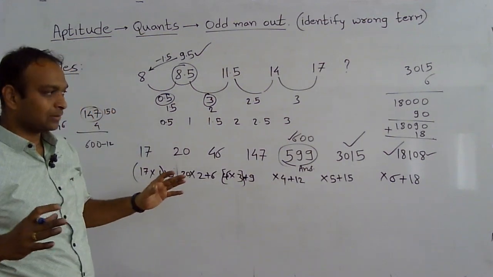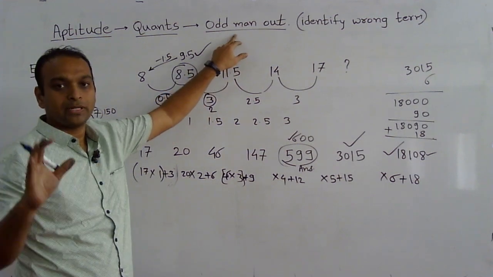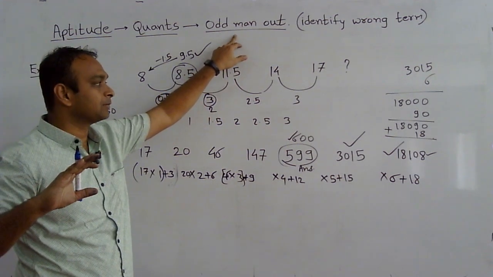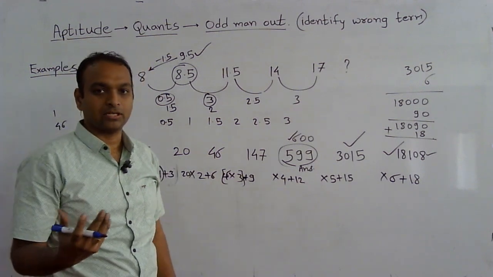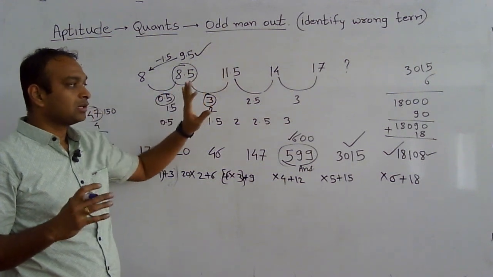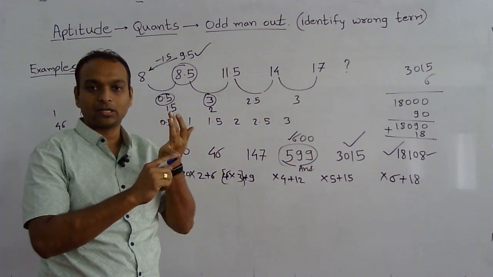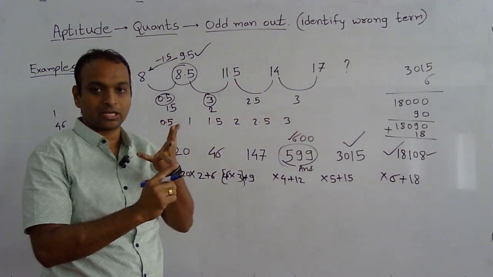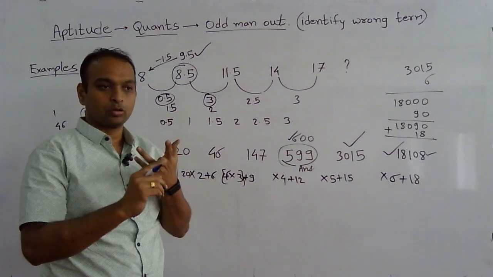But if you go step by step and if you practice a lot on this topic, I'm sure you will be able to solve this very easily. So at the end, from my side, the strategy and golden tip for solving these kinds of problems will be: go with the strategy of number series, that is deal with prime numbers, then check for differences, then go for cubes, squares, square roots, cube roots.